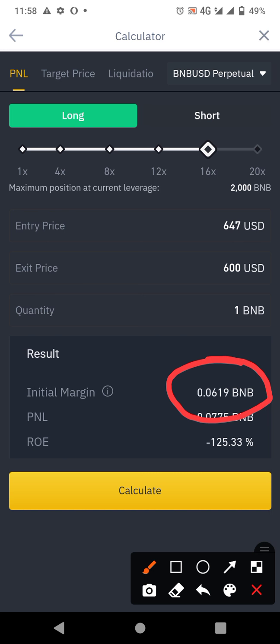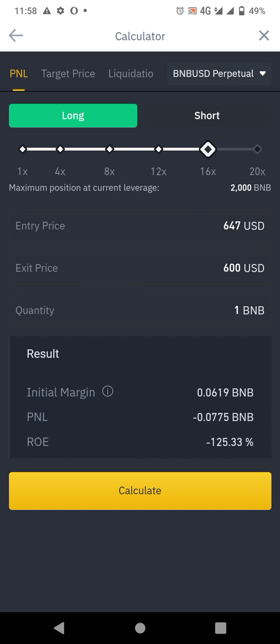Take a biro and a pencil and write it down. The higher your leverage, the lower your investment, the higher your profit, and the higher your risk. Let me repeat again: the higher your leverage, the lower your investment, the higher your profit and the higher your risk.